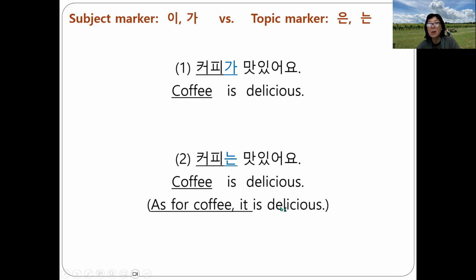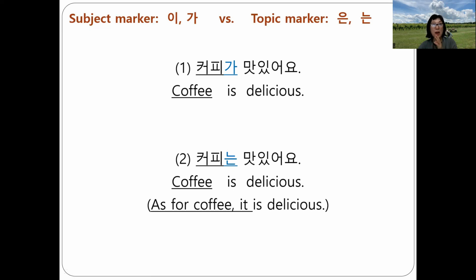However, 커피는 맛있어요 is, of course, the speaker saying coffee is delicious, but the focus of the whole message is not simply that. The focus is coffee. As for coffee, it is delicious. Like that.